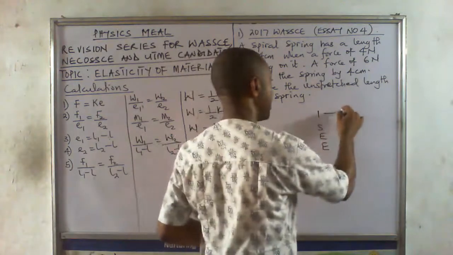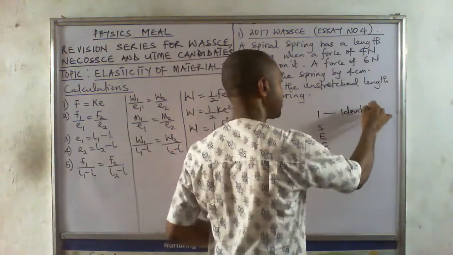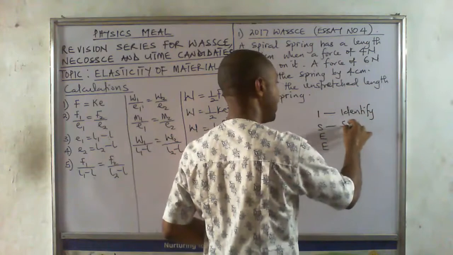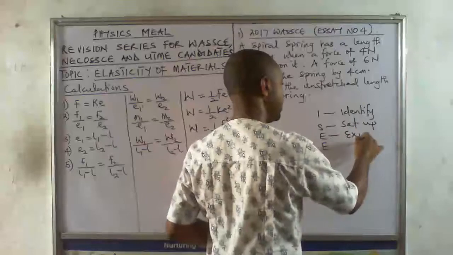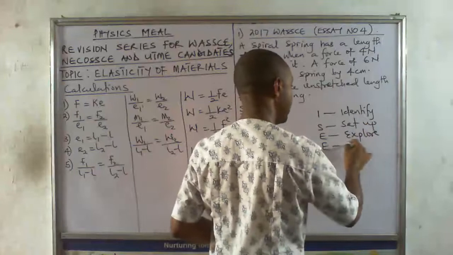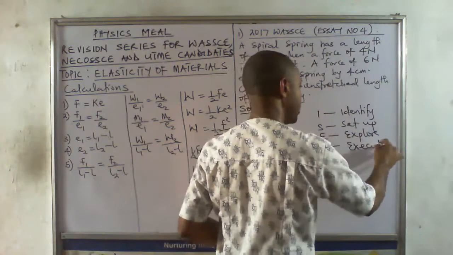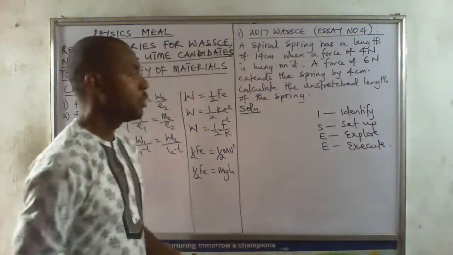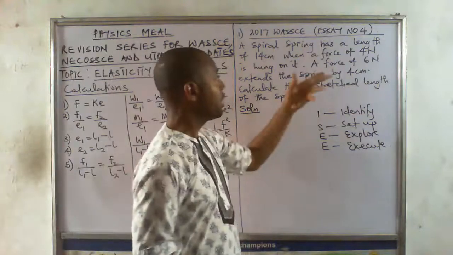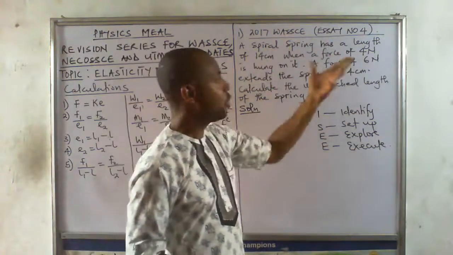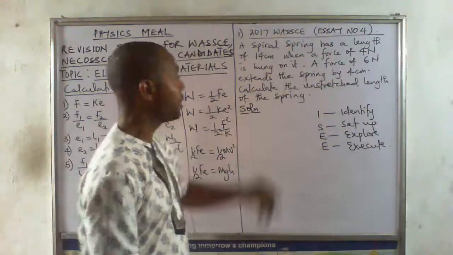The first I means identify, the S means settle, then E means explore, and then the last means execute. Very simple principle. So whenever you are given a problem to solve, the first thing you do is to identify the terms, variables or parameters given in the question.